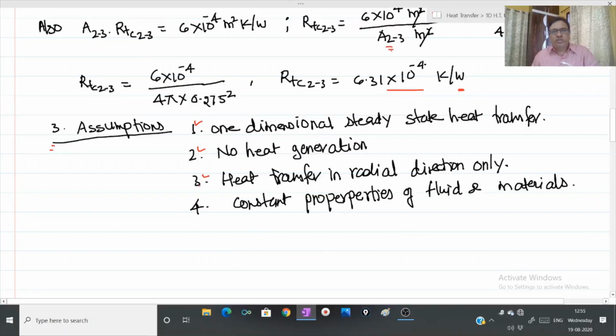Though we are assuming one-dimensional steady-state heat transfer, it is taking place in the radial direction only in the sphere. And the material of the sphere and insulation 1 and 2 are homogeneous and isotropic. So their thermal conductivity and property of the fluid will remain constant.